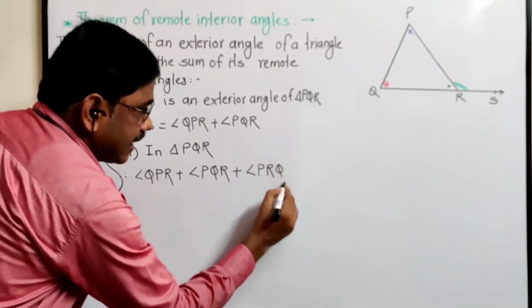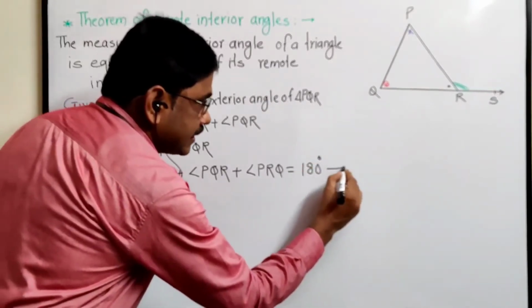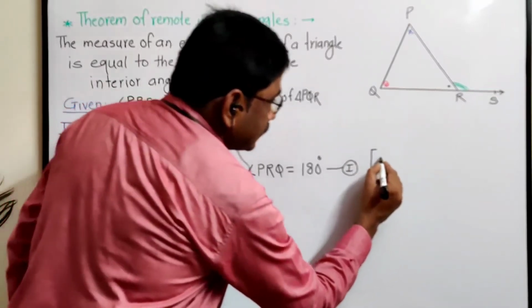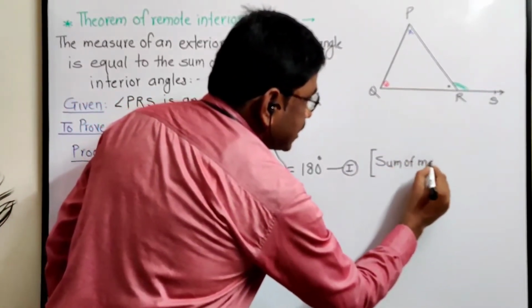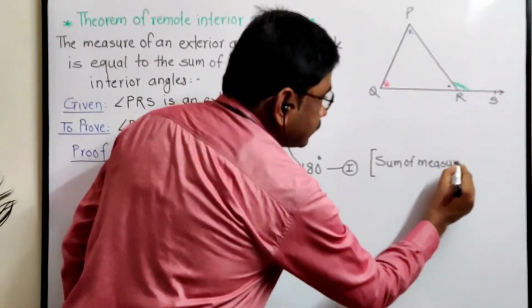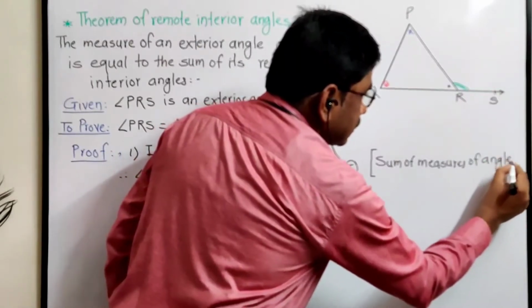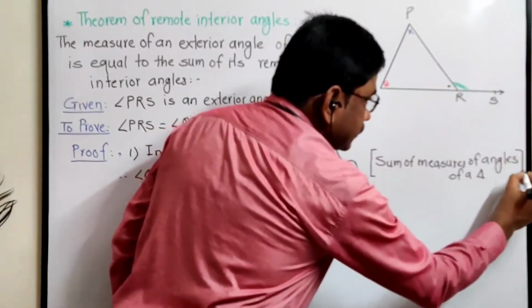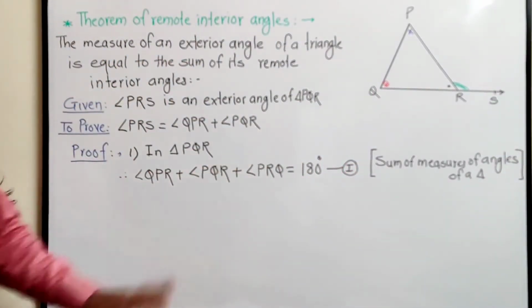These are the three angles of triangle PQR. Their sum is 180 degrees. This is statement number 1, and we can write the reason: sum of measures of angles of a triangle is 180 degrees. That's why it is 180 degrees.